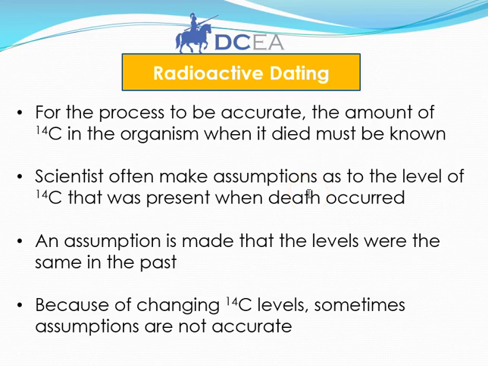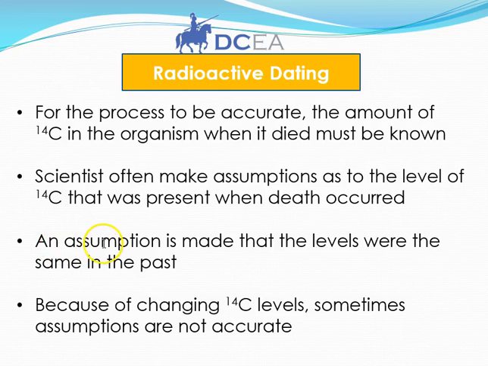For this process to be accurate, the amount of carbon-14 in the organism when it died must be known. So it has to be a measurement that we knew for this to be accurate. Scientists often make assumptions as to the level of carbon-14 that was present when death occurred. And they have different methods that they've done this with, none of which are accurate though.